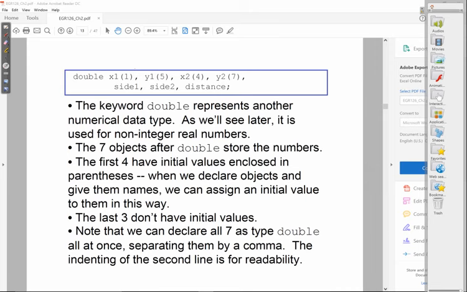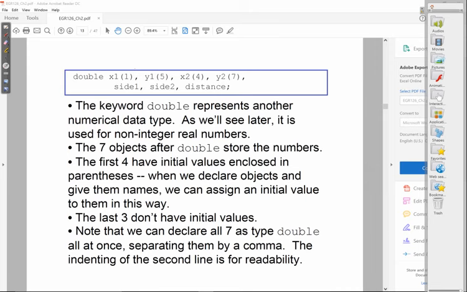Now, there are some other important things here that I need to mention, okay? First of all, you see that the word double is used only once, right? I put the word double, and then I just start listing a bunch of variables, and that is perfectly fine, okay? C++ does have some nice shortcuts, and this is one of them.